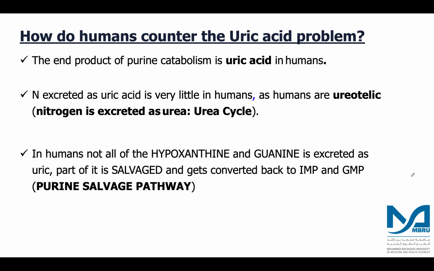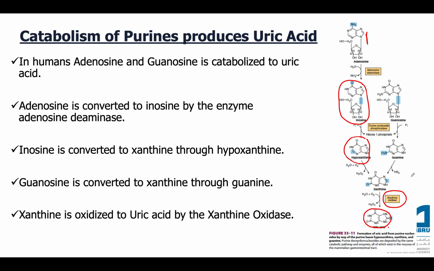Now, if I go back to the catabolism of uric acid, we see here that at various steps we are converting guanosine to guanine and adenosine to inosine.